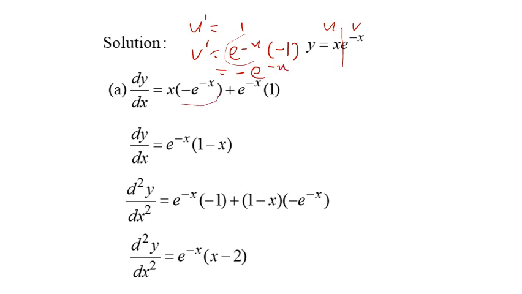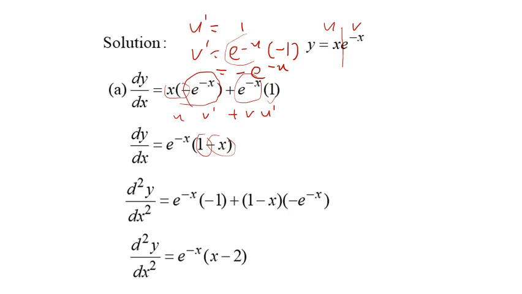So u v prime plus v u prime. After we apply the product rule, notice that we have an exponent, so we factorize the exponent. Here negative x we put at the back, and then positive we put at the front. So e negative x, and then 1 minus x.